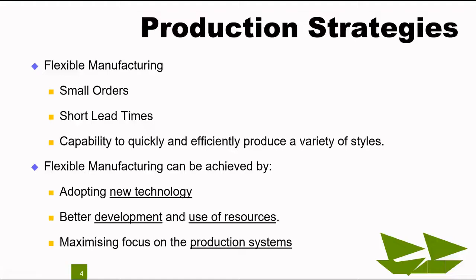Now, flexible manufacturing can be achieved by various methods, but the key ones are adopting new technology, better development and use of resources, and maximizing focus on the production systems. Now, when we're saying adopting new technologies, today's technologies are such that they help you to do very, very small orders efficiently and fast.